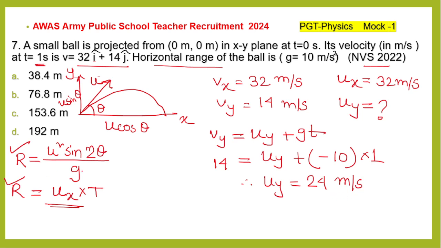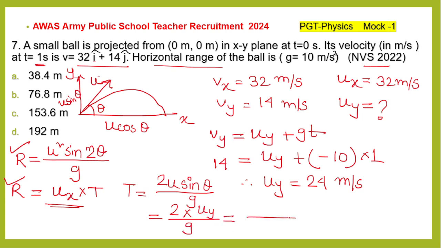Okay, so next we find the time of flight, that is t is equal to 2u sin theta by g. What is u sin theta? It is the y component of initial velocity, right?